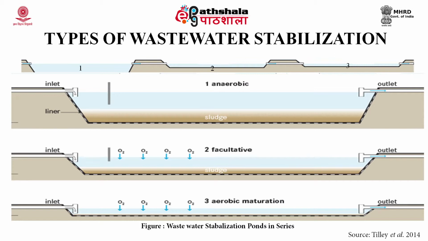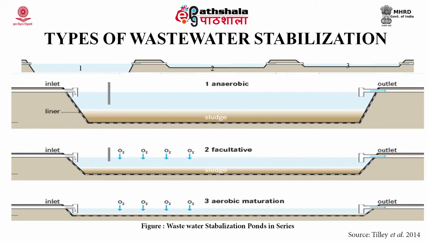The solids and BOD removal occurs in this anaerobic pond by sedimentation, and these sediments are subsequently anaerobically digested, which leads to the accumulation of sludge. The organic carbon is converted into methane by the anaerobic microorganisms, and up to 60% removal of the BOD, biological oxygen demand, takes place in the anaerobic pond.